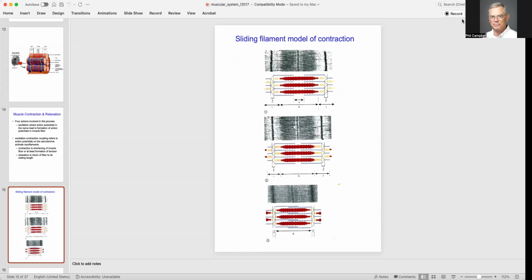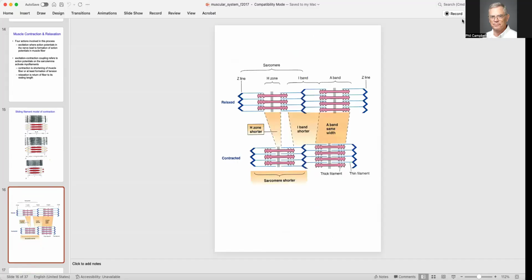Okay? Now, this is what I just was talking about. I'm showing it to you because I expect you to know it. So use all the stuff I've given you, understand and know it. If you do not understand how the sliding model works, you can't understand how a muscle works. Right?